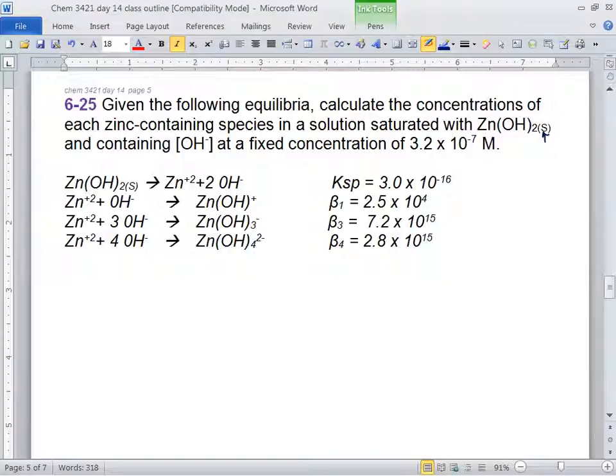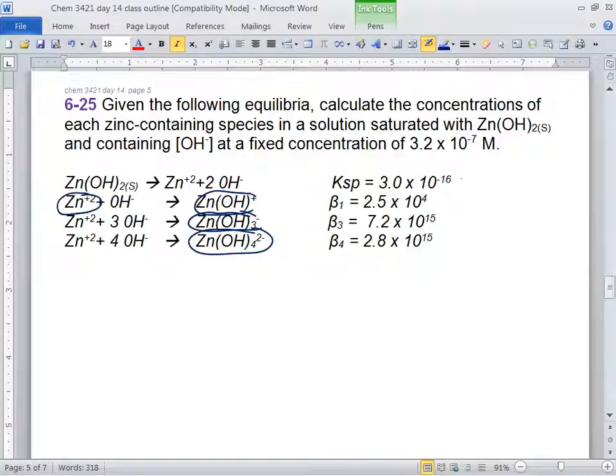I know it doesn't look like it, but I circled them. If you have 4 unknowns, how many equations do you have to have? 4. And it doesn't look like we have equations, but we do.